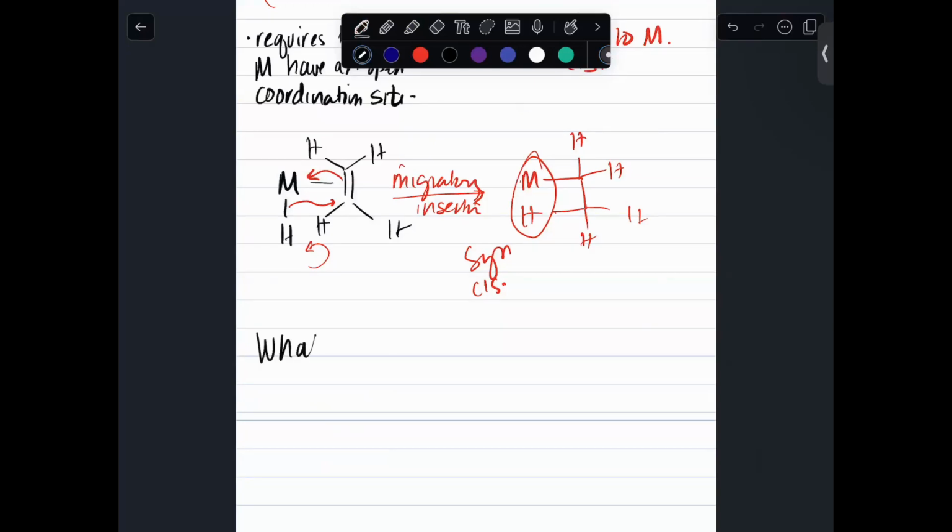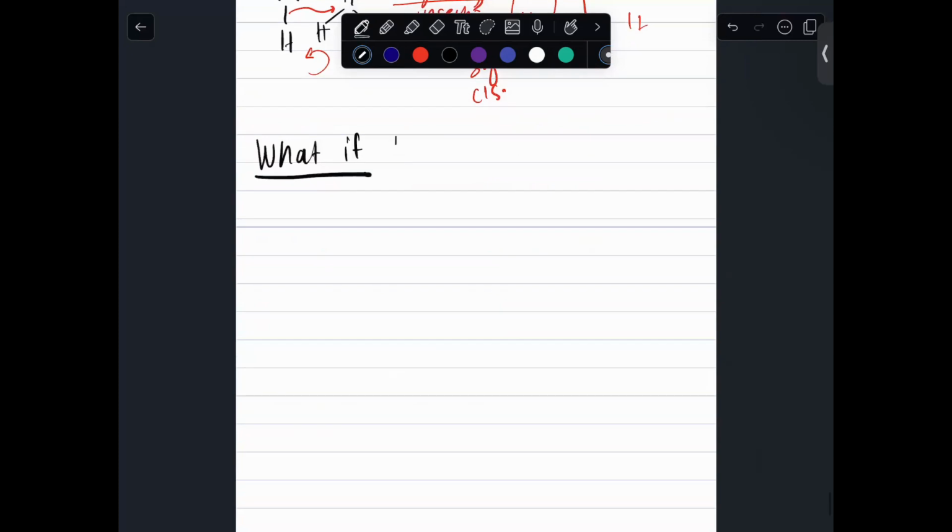What if the hydrogen at the beta position isn't syn or cis?